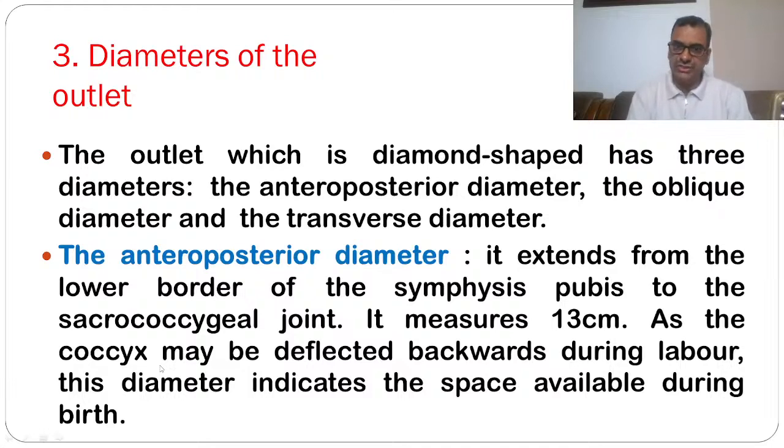The outlet, which is diamond shaped, has three diameters: anterior posterior, oblique and transverse. The anterior posterior diameter extends from the lower border of symphysis pubis to the sacrococcygeal joint. It measures 13 centimeters as the coccyx may be deflected backward during labor. So this diameter indicates the available space for birth.